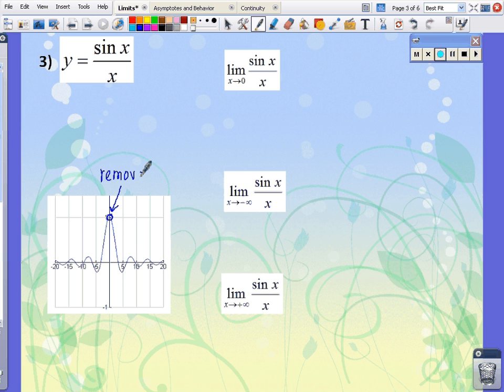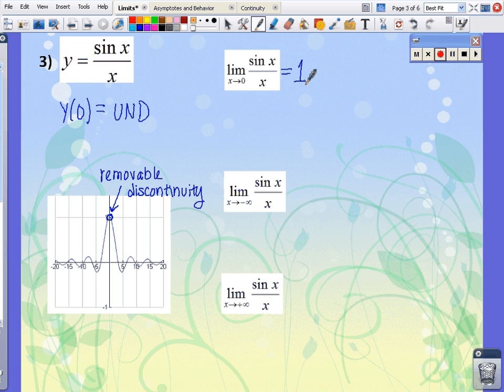And the reason we know that is from class, we played around with looking at the table. And you can really see, we know that the value at 0 would be undefined. But everywhere else, the value is defined. So it's definitely only a removable discontinuity. So just by looking at the graph, we know that the limit as x approaches 0 for this is 1.